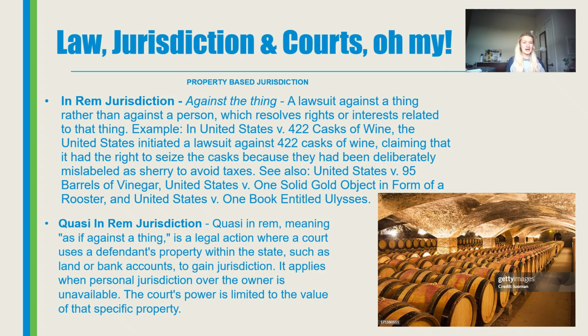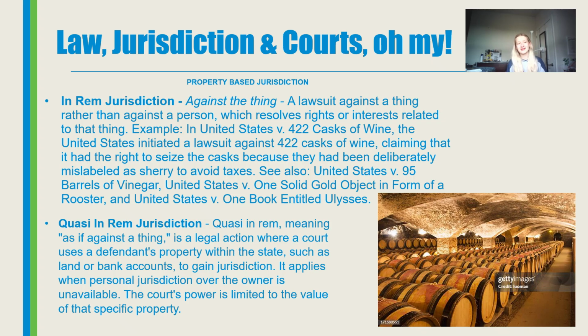These cases are not super prevalent. You should probably know the definition of it, but these cases are all really old. The 422 Casks of Wine case, I believe, is from the 1800s. It doesn't happen often.